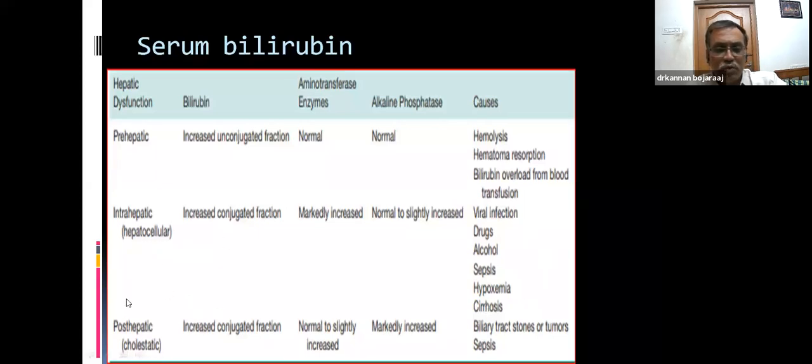In post-hepatic cases, the conjugated bilirubin is increased, but here the alkaline phosphatase, an enzyme present in the canaliculi of the biliary system and released from there, is markedly increased. So with an increase in the conjugated portion and alkaline phosphatase, you can fix the diagnosis: the jaundice is cholestatic, that is post-hepatic. In this way, you can come to a diagnosis of where the problem is. You can judge it at least.